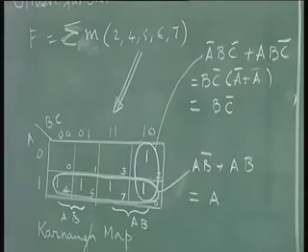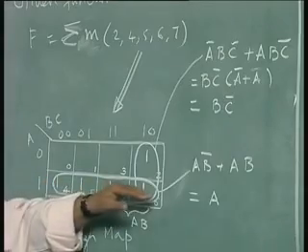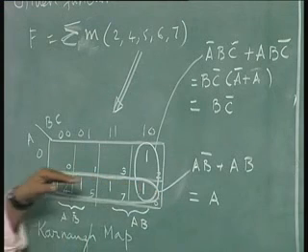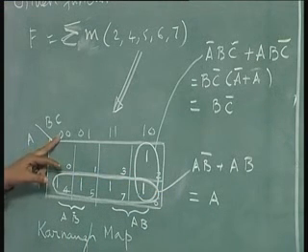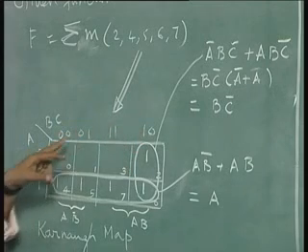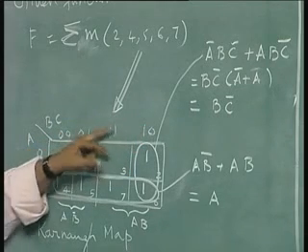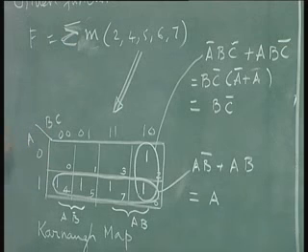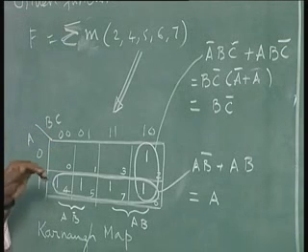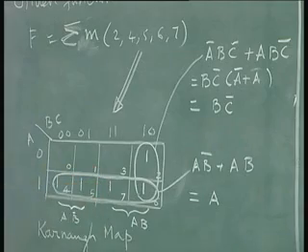All you have to do is to see that A is constant throughout these 4 cells. Across the 4 cells A is common. B changes from 0 to 1, C changes from 0 to 1, 1 to 0. So neither of these variables B and C remains constant throughout, so they both get knocked off.